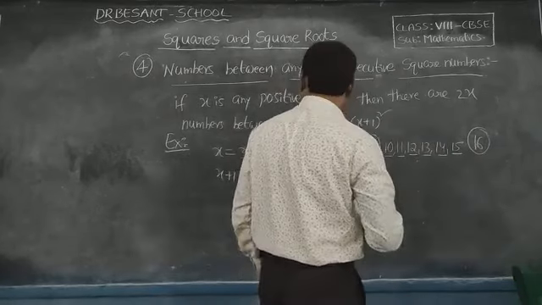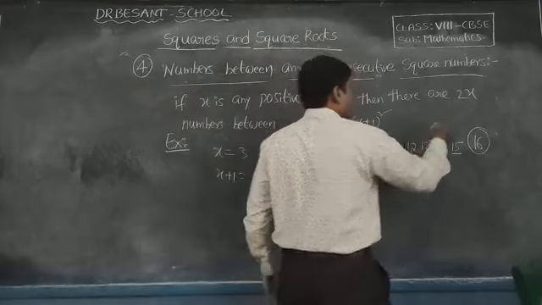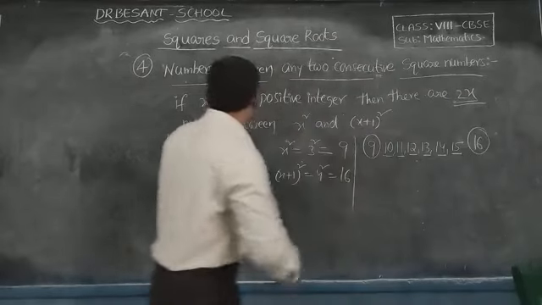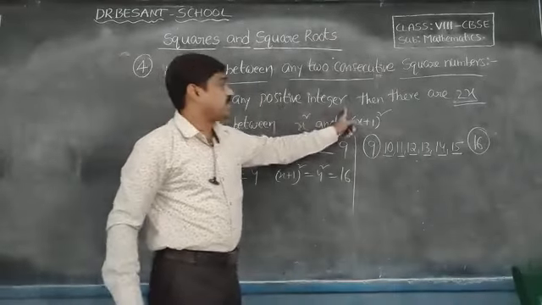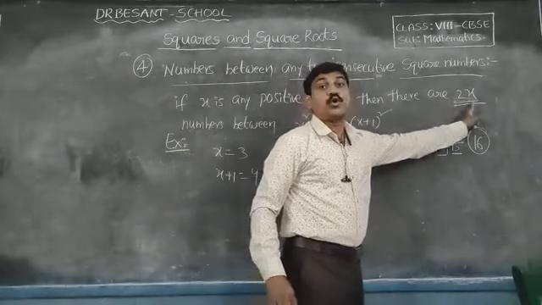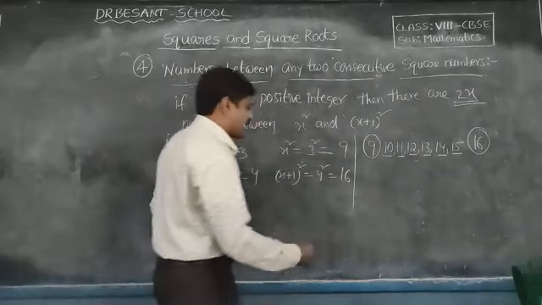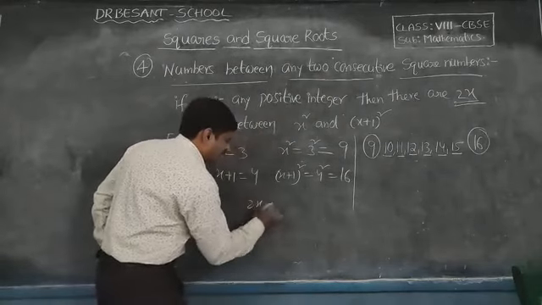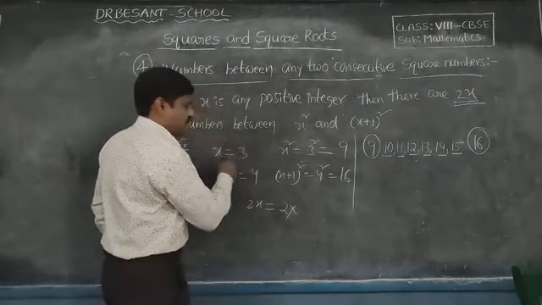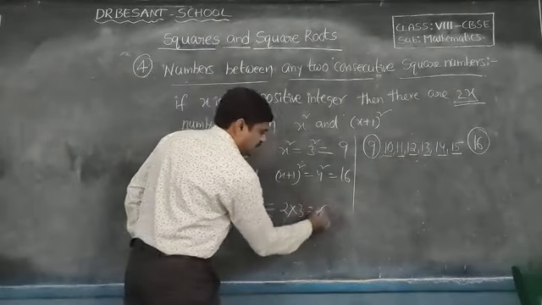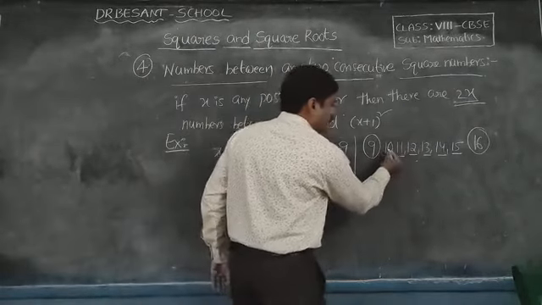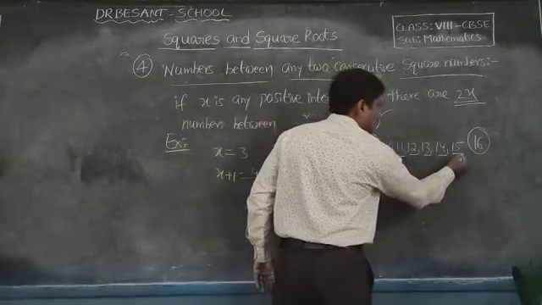Okay. So 6. So if x is any positive integer, then there are 2x numbers between. So 2x is equal to 2 into x, which means 2 3s are 6. Are 6 there or not? 1, 2, 3, 4, 5, 6.